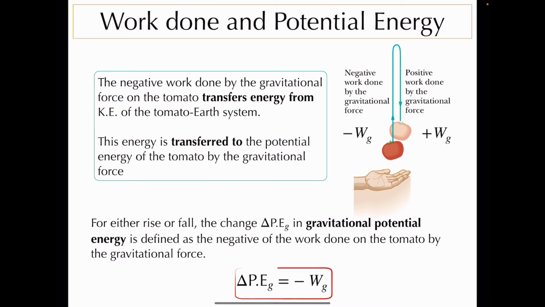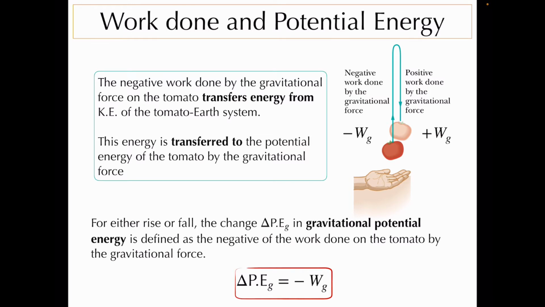Okay, so for either rise or fall, the change in gravitational potential energy, delta PE, is defined as the negative of the work done by the gravitational force on the tomato. When the tomato is going upward, the work done is negative but the potential energy is increasing, right?